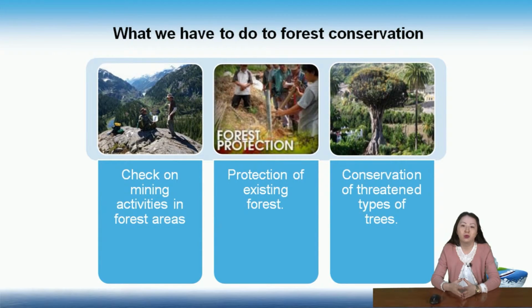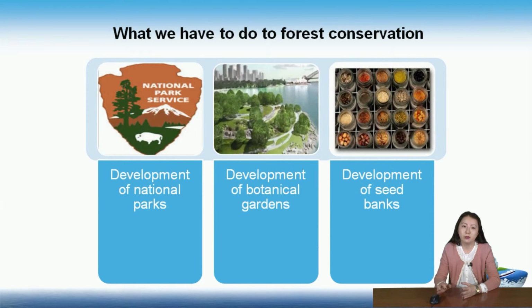What do we have to do for forest conservation? Seventh, check on the mining activities in forest areas. Eighth, protection of existing forest. Ninth, conservation of certain types of trees. Tenth, development of national parks, development of botanical gardens, and development of seed banks.